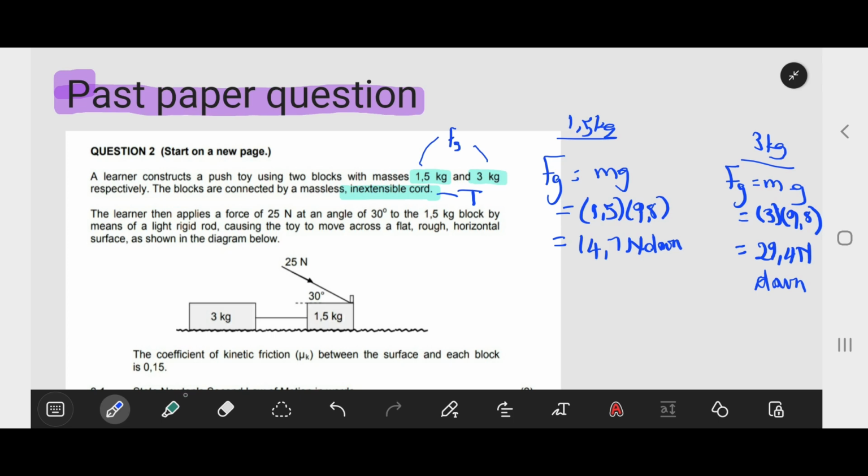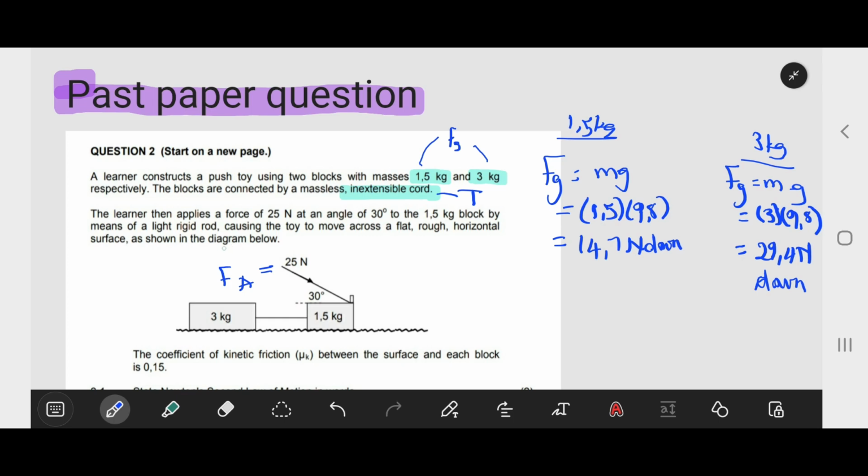So it means there is a force applied on the 1.5 kg. That is your applied force, which is 25 newtons, and it is applied at 30 degrees from the horizontal, right?